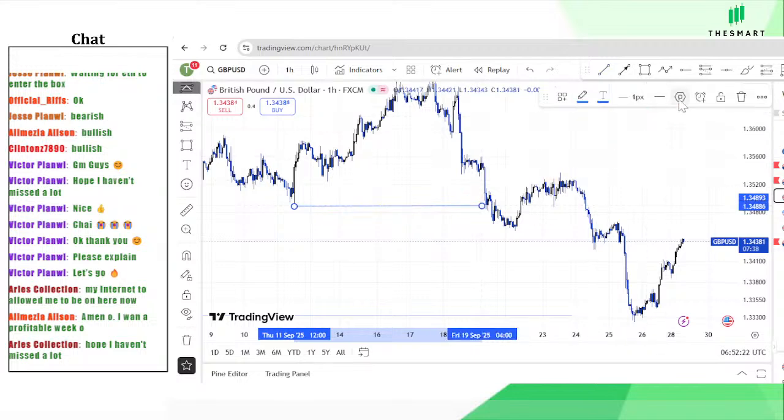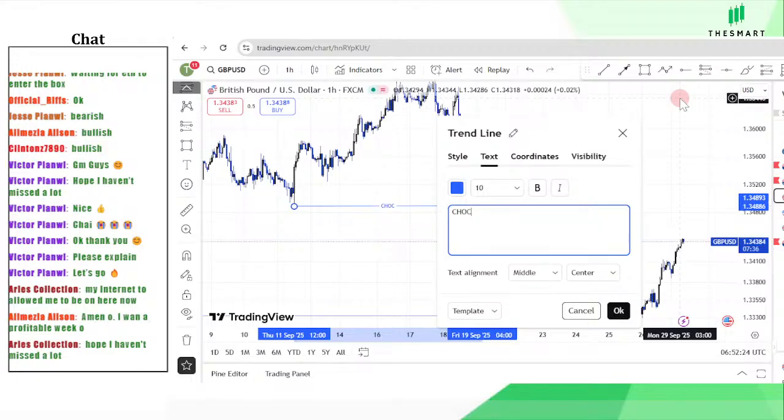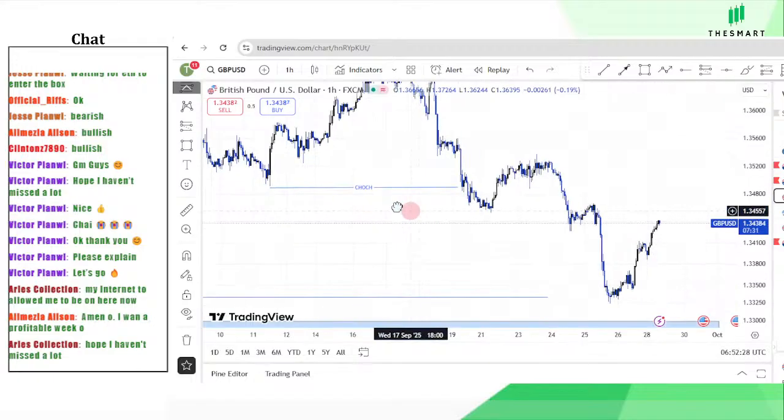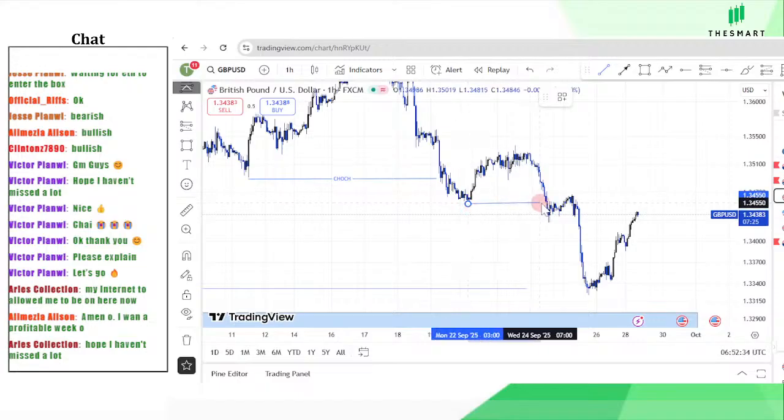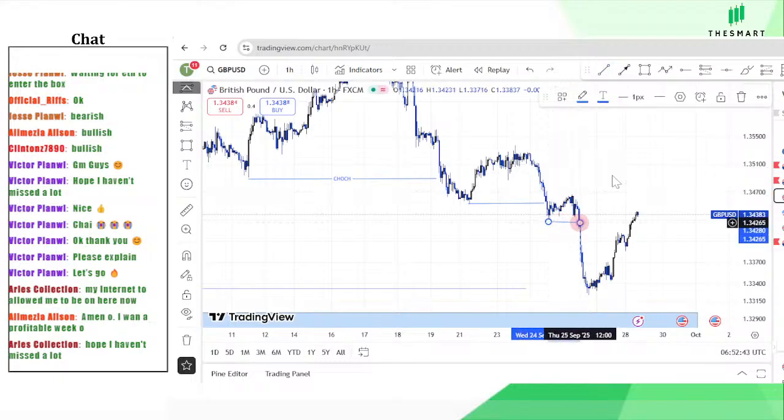After having this change of character, we had a break of structure at this point, and another break of structure at this point.